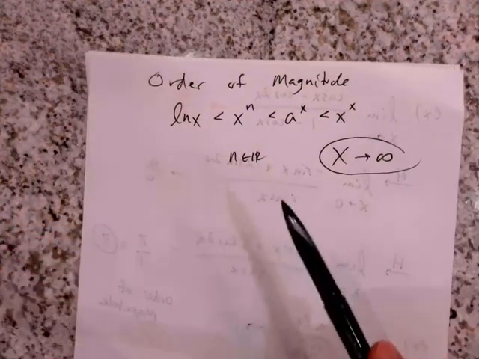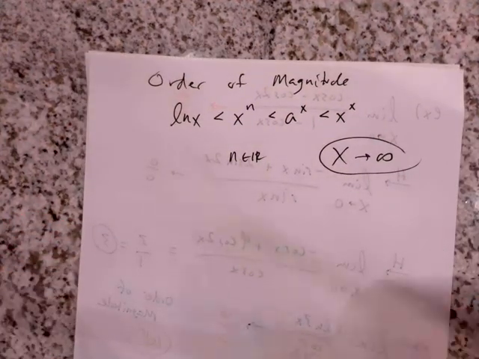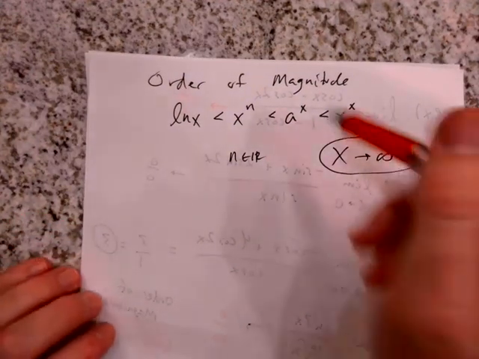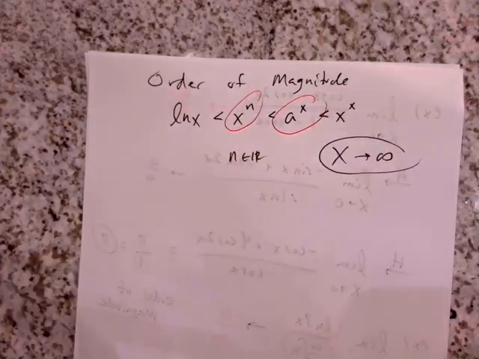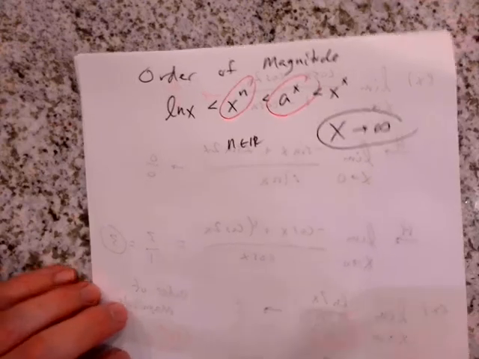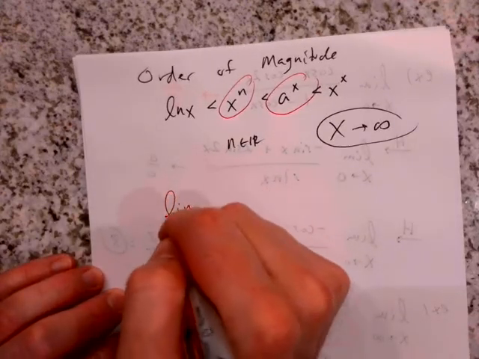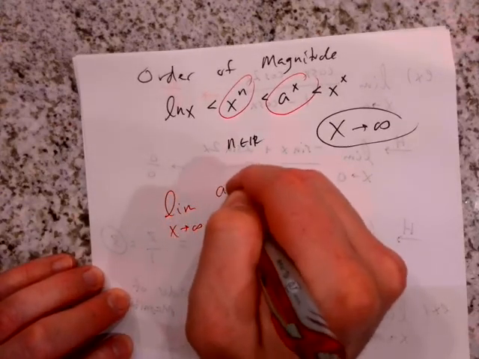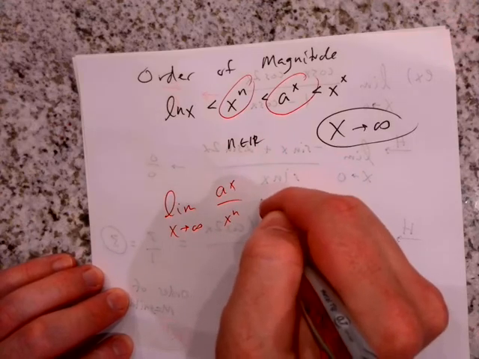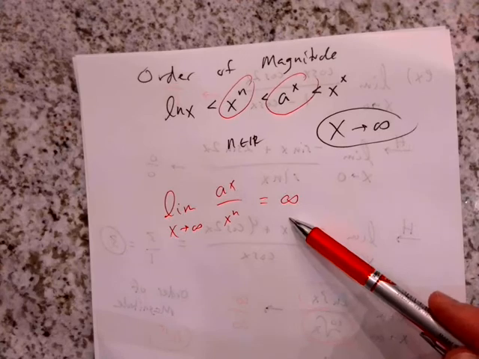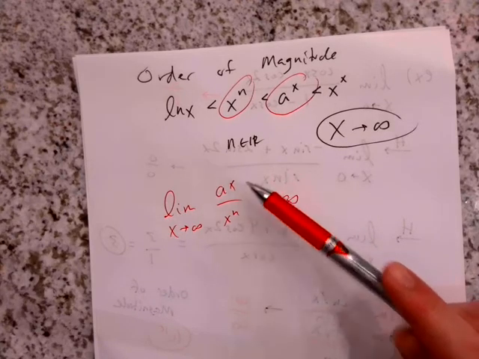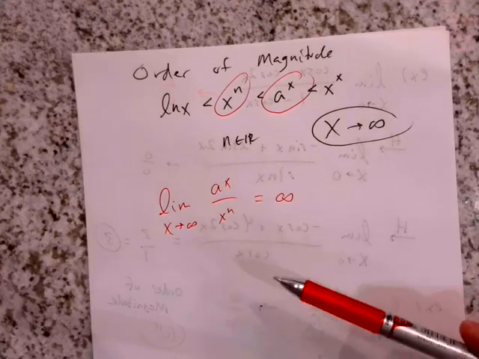And all of this is proven with L'Hopital's rule. For example, if you wanted to prove that a to the x is bigger than x to the n for all real numbers n, you would just show that the limit as x goes to infinity of a to the x over x to the n is infinity. Because showing this is proof that the function on top is infinitely bigger than the one on bottom.